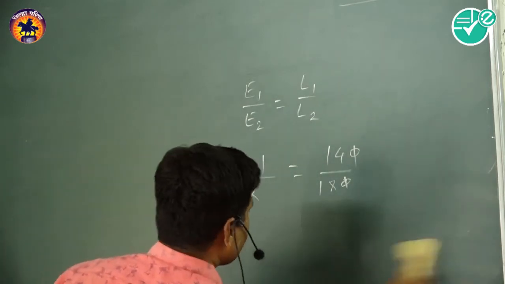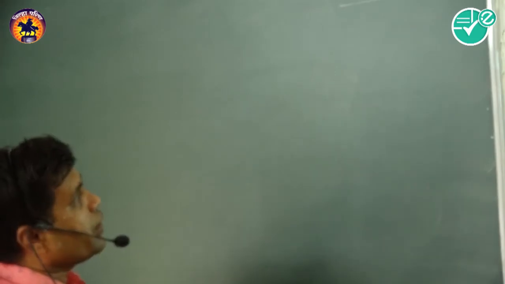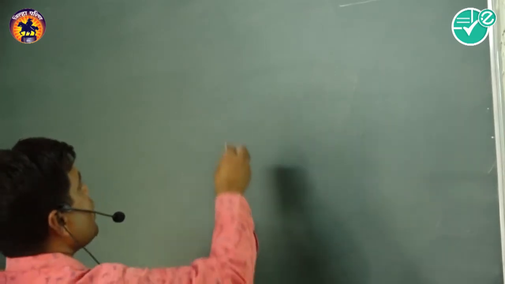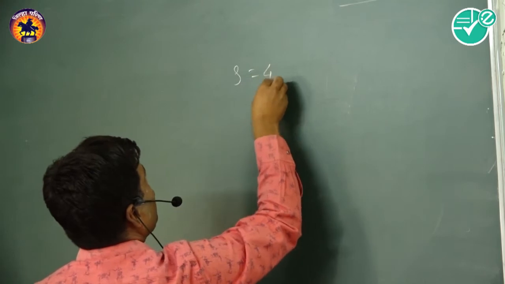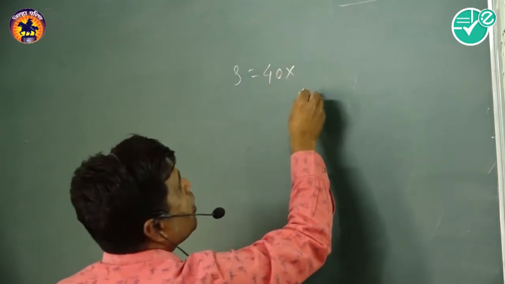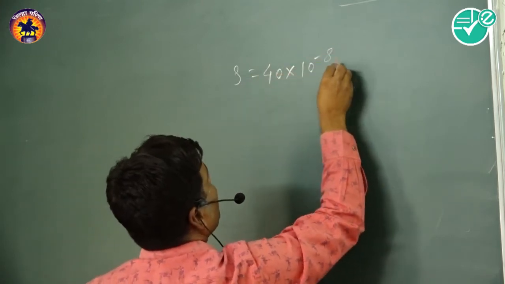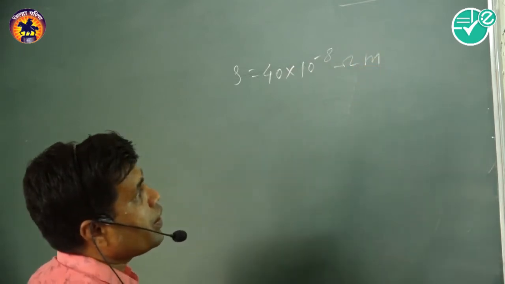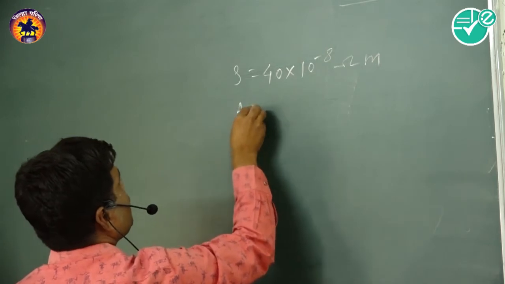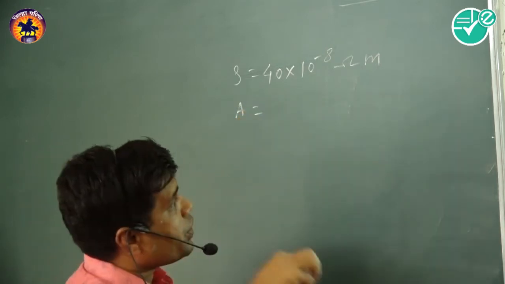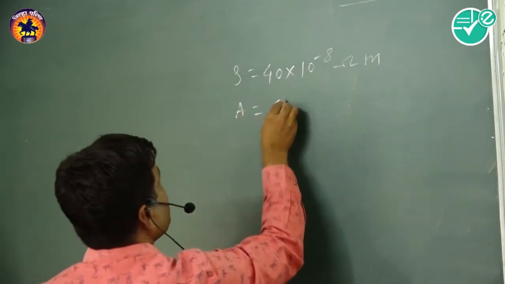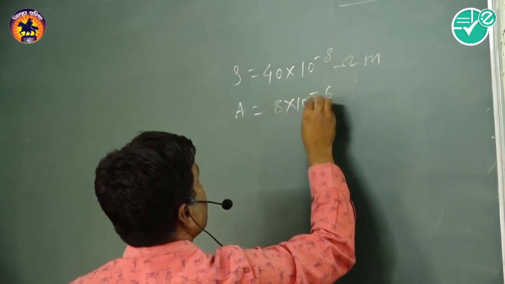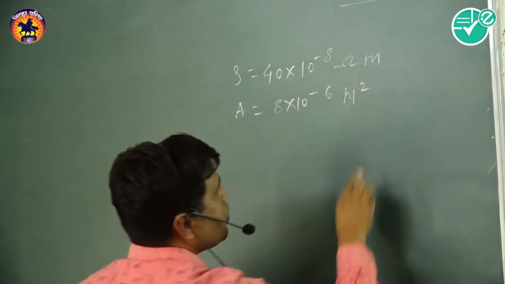First, the resistivity is given: rho is equal to 40 into 10 to the power minus 8 ohm meter. Next, area of cross section A is equal to 8 into 10 to the power minus 6 meter square.